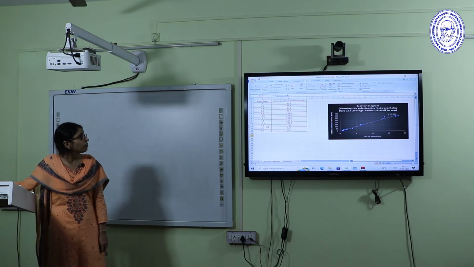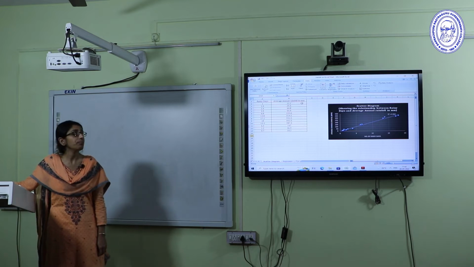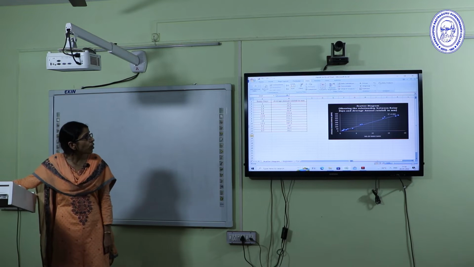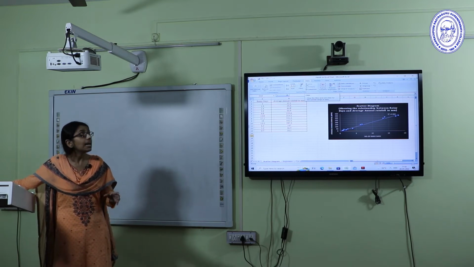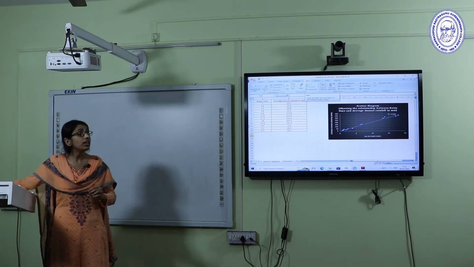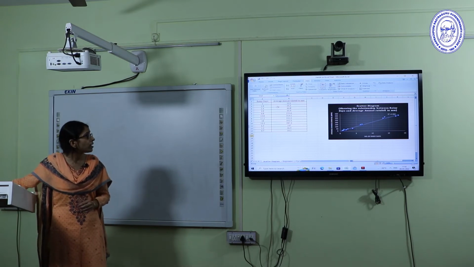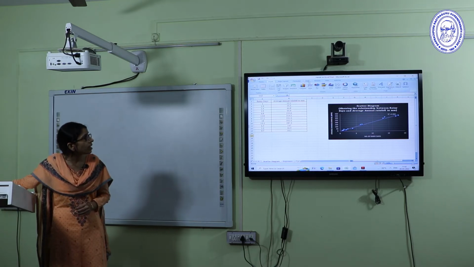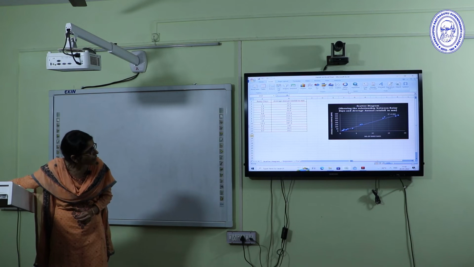The number of rainy days is in column A and average annual rainfall in millimeters is in column B. So, if we want to draw a line graph to show the nature of the relationship or correlation between the two variables, that is rainy days and average annual rainfall, first of all you go to the Insert option, then you go for charts.